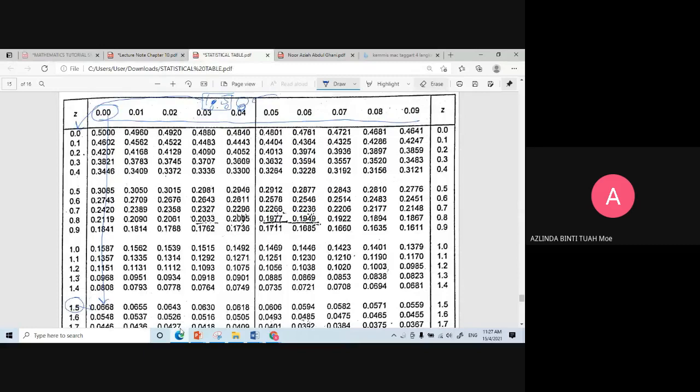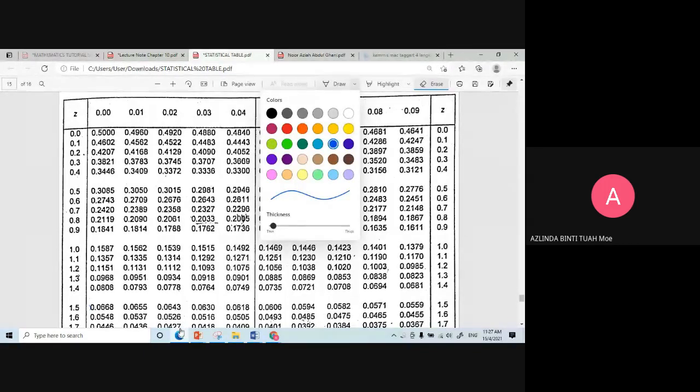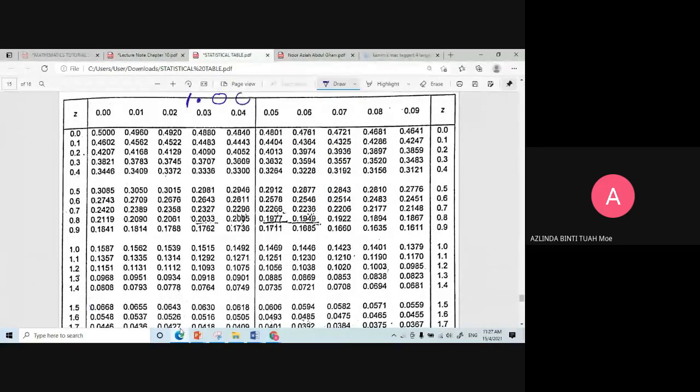The second last page. Okay, this is the method to read table. Since kita ada 2 decimal places, 1.00. The first 2 digits 1.0 akan berada di kolom paling kiri. 1.0 sini. So the possible answer akan berada di row ini. Okay, semua sambil tengok table ya.